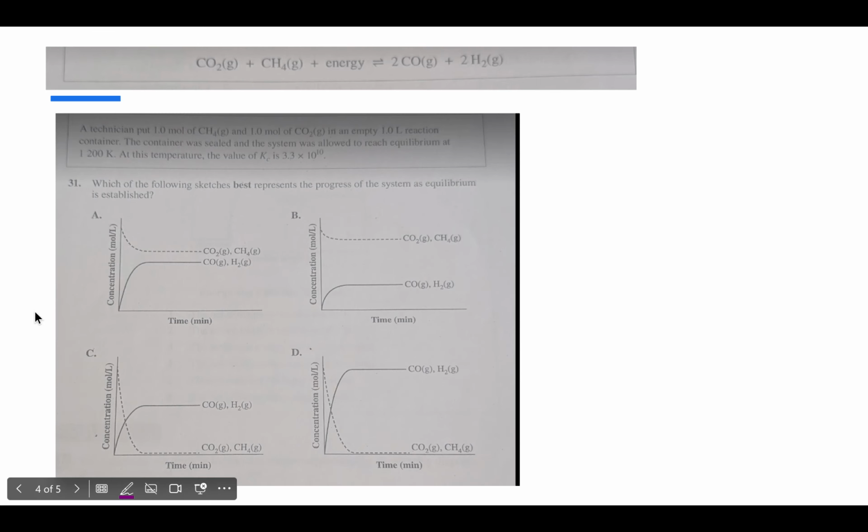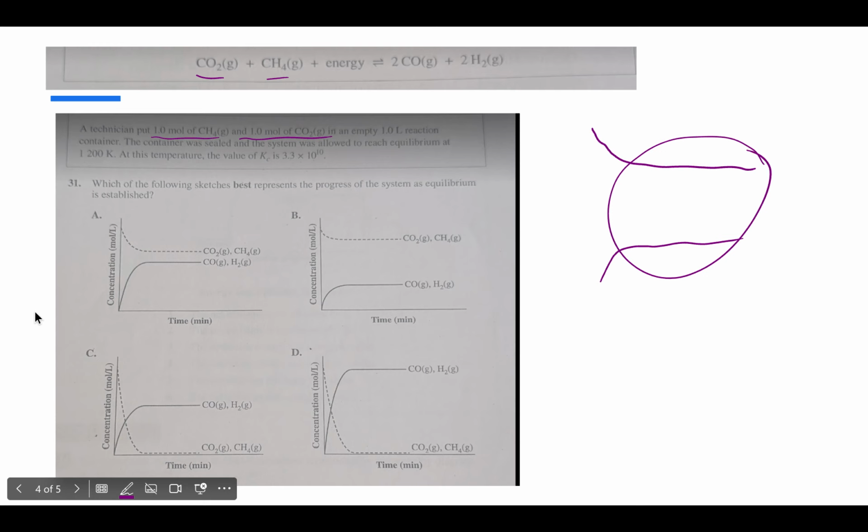Now, this next one is about your graphs and what's happening to establish equilibrium. So it's telling you that originally you're putting 1 mole of CH4 and 1 mole of CO2 into your container, and then equilibrium is allowed to establish. So with this, we want to see reactants being used up. And in all of them, we do see that the reactants are going in that downward kind of trend, and products are being formed. And then we want that flattening of the line.